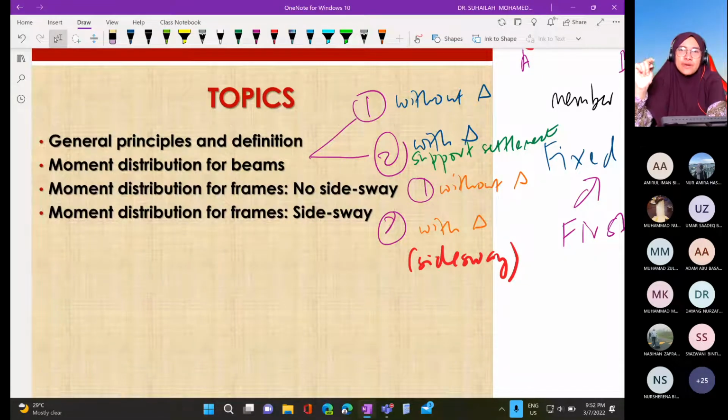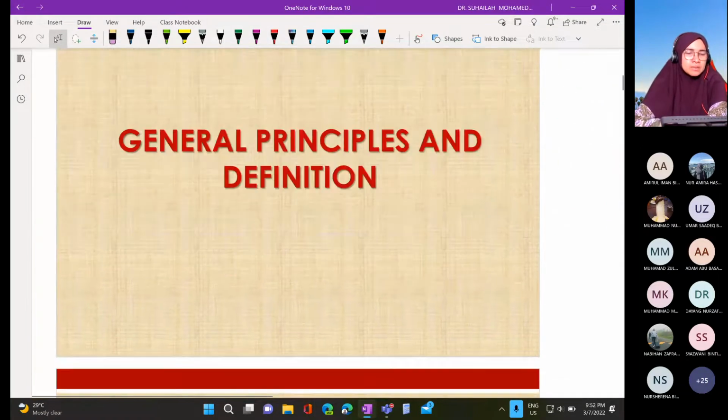Frame without side sway, we can analyze using one moment distribution table. And frame with side sway, we have to have two moment distribution tables. We cannot combine like beam. Okay, this is about the coverage.